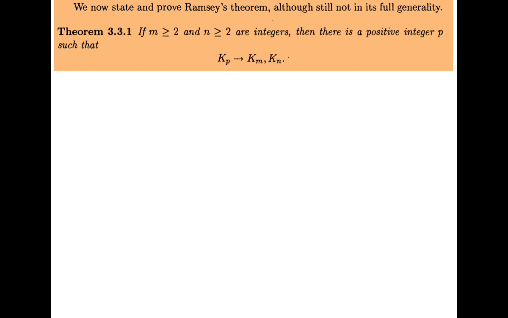The theorem nowhere talks about what that p would be. It just talks about the existence of such a p. So mathematically the problem is to prove that there always exists such a p such that Kp goes to Km, Kn for given m and n, and algorithmically or constructively we need to find such a p. So that is again a very complex problem.